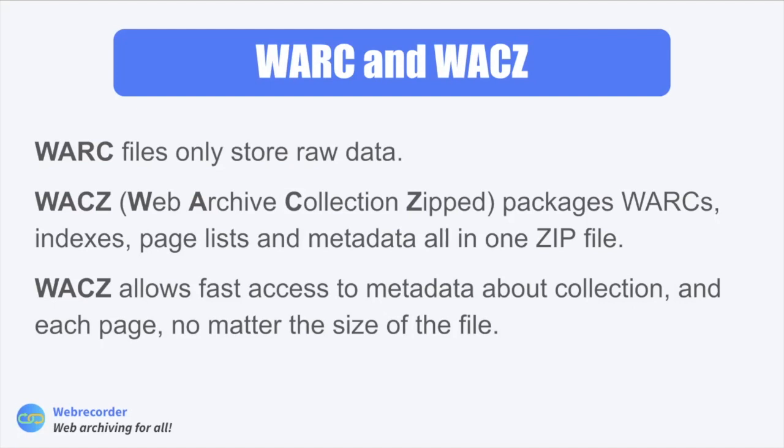That allows for really fast access to the metadata about a collection and each page, no matter the size of the file. So you can have a really large archive, and it can be loaded very quickly as a WACZ file due to this property. That allows us to load web archives from anywhere very quickly.